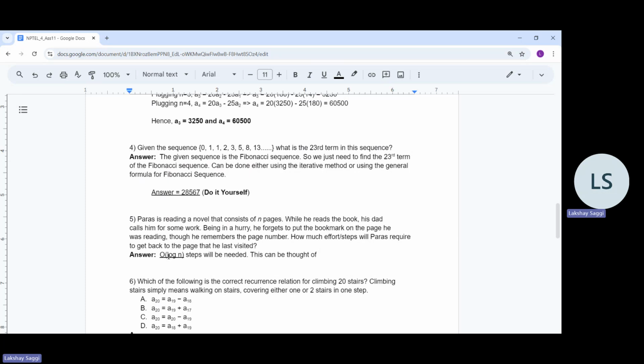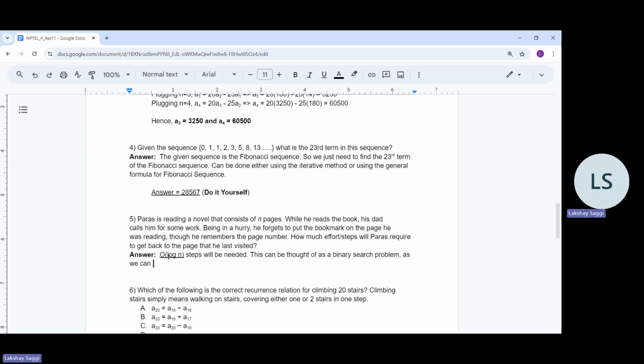Yeah, this is a side note which I wanted to give, but maybe we can just write down the solution as well. So this can be thought of as a binary search problem, as we can always open the approximately middle page of a book.